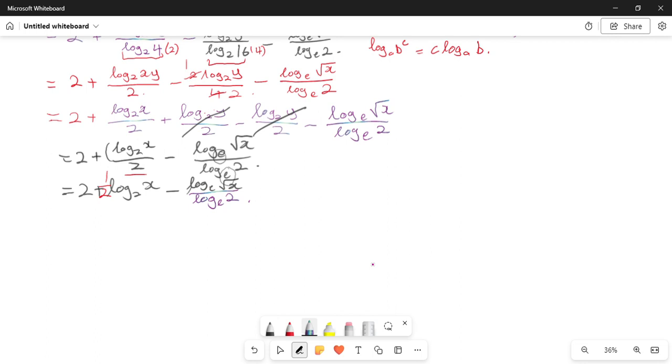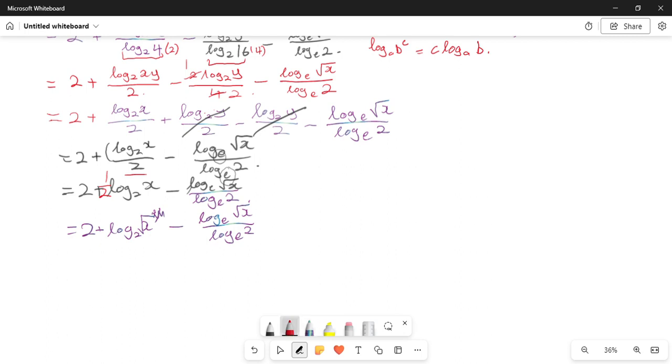This one I move it up, 2 plus log 2x power 1 over 2, which I'm just going to write as root x, minus log e root x minus log e 2.